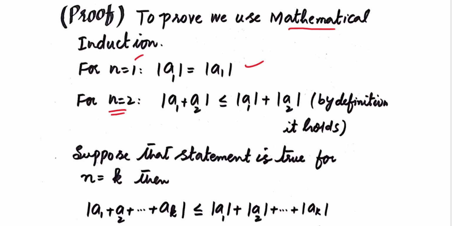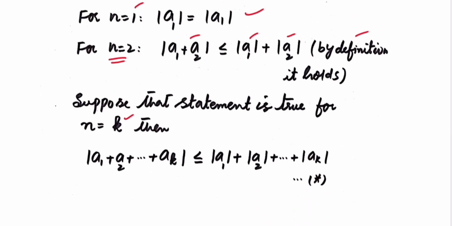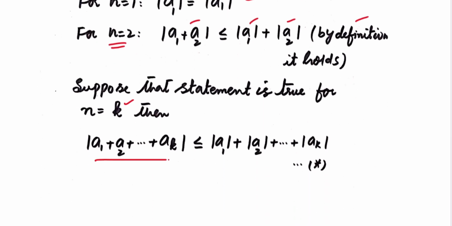If you take n = 2, then |a1 + a2| is always less than or equal to |a1| + |a2|. This holds by the definition of the triangle inequality. Suppose that the statement is true for n = k, that is, the absolute of the sum of k real numbers is less than or equal to the sum of their absolute values. Say this is my star.